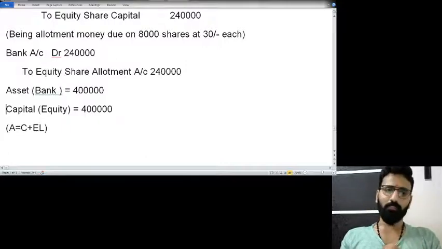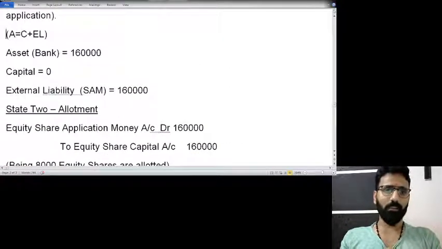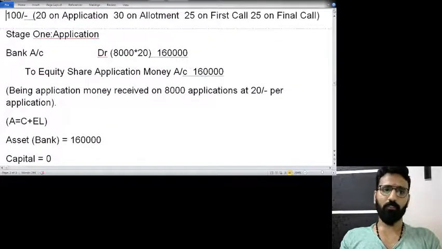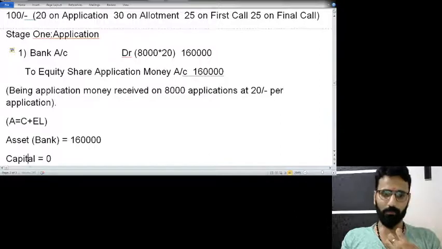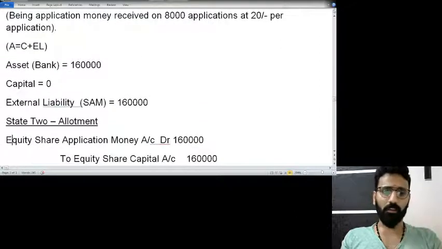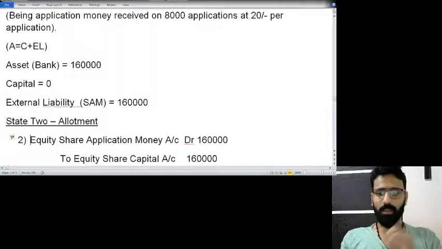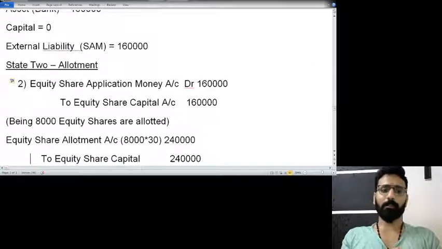So how many entries we passed as of now? The very first entry we passed is 1, bank to application, and the very next entry is 2, application to capital.